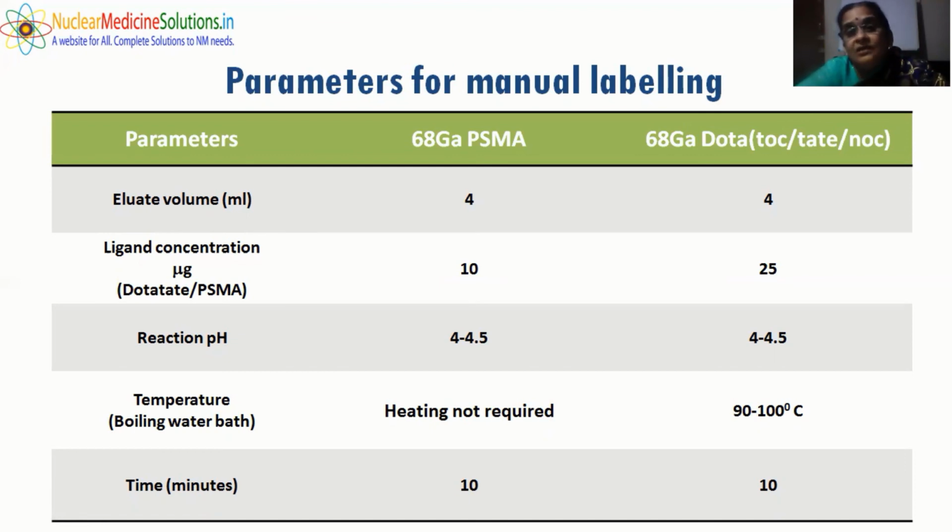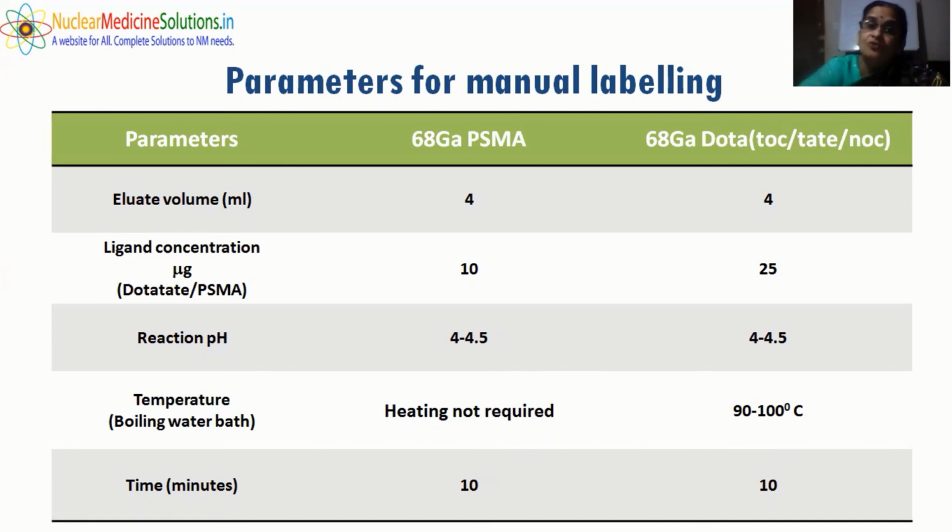So the whole vial should be immersed properly inside the boiling water bath, and the time starts from the boiling of the water. So it is always important that the boiling of water should start as you are eluting the gallium 68 from the germanium 68 generator, because otherwise that will also waste time.